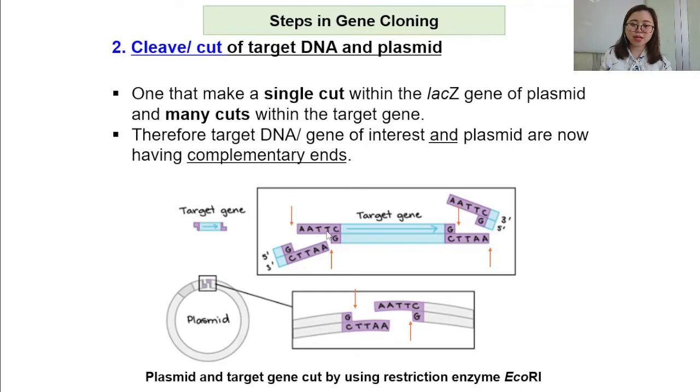Okay, kita akan potong target gene berkali-kali supaya dia akan ada segmen yang mengandungi benda yang kita mau saja. Plasmid kita potong sekali saja sebab cukup sekali untuk bagi dia buka dia punya ring itu. Therefore, the target DNA and the gene of interest and plasmid are now having complementary ends. Sebab kita potong dengan enzim yang betul, sekarang hujung dia boleh bersambung.